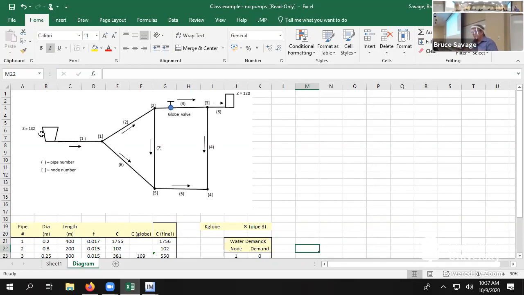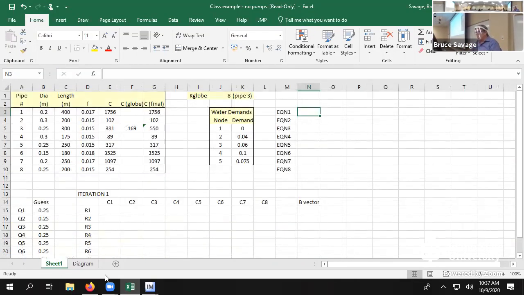Okay. So now I can go back to this sheet right here, and for equation 1, I want to write the continuity equation at node 1, right? Using the sign convention that I typically like, flow in is positive, flow out is negative. I'm going to get Q sub 1 minus Q sub 2 minus Q sub 6 equals 0.